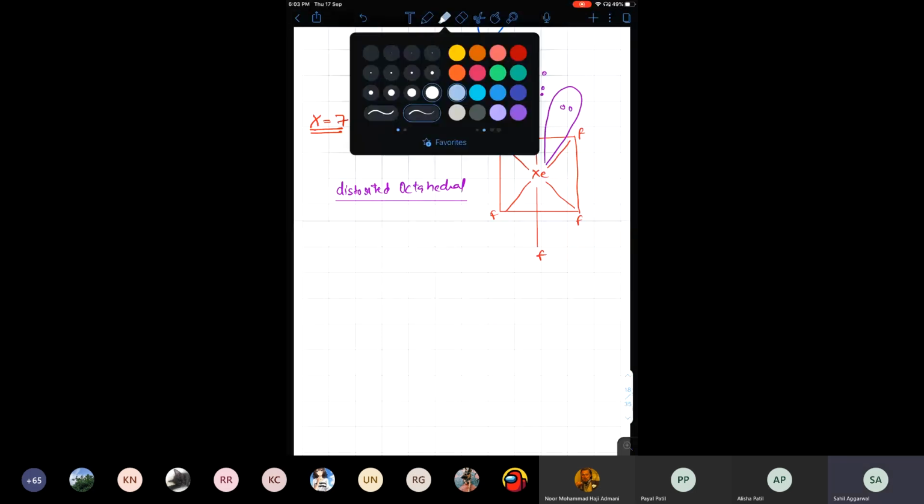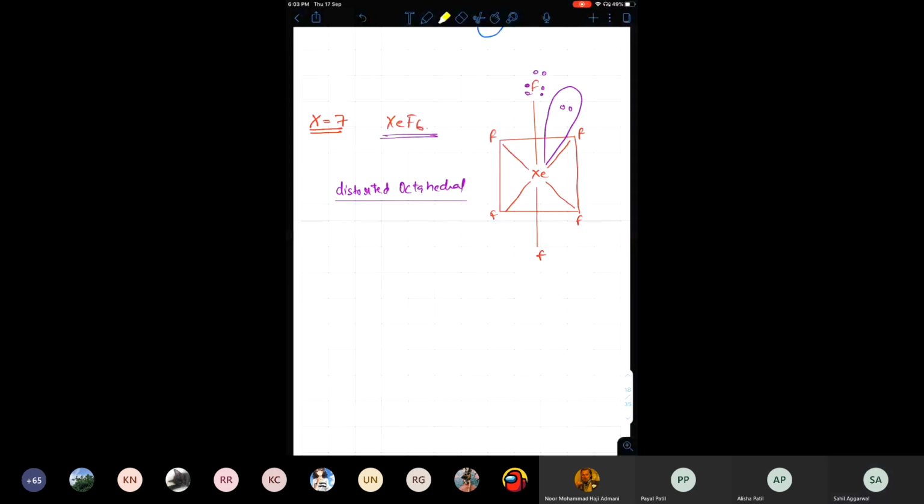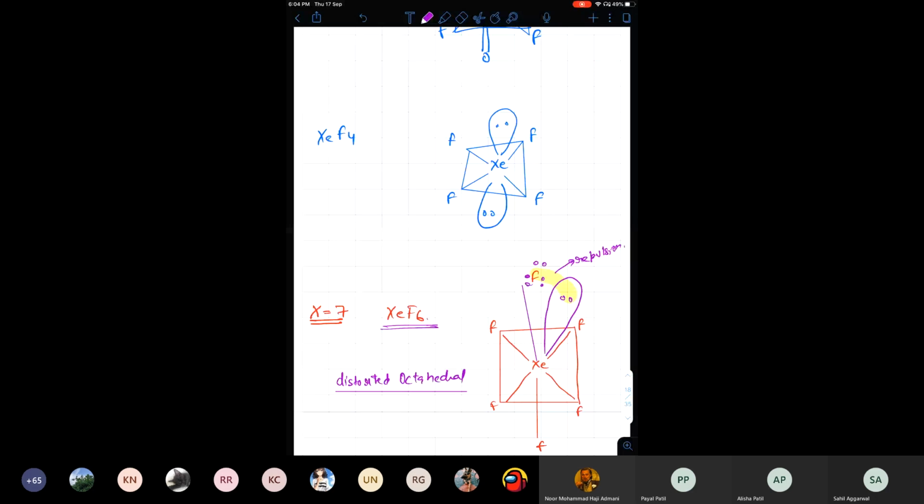Hence it is called distorted octahedral. All of you understood this now?